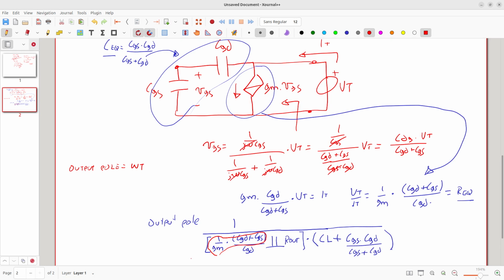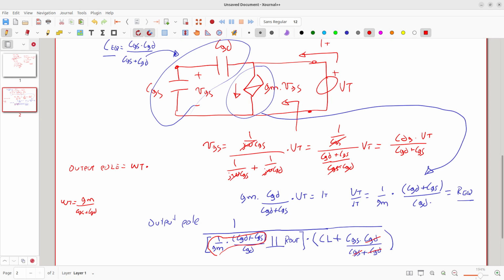We put omega t equal to gm divided by CGS plus CGD. So we have omega t there. We disregard R out, as it is much bigger and in parallel, so this disappears, times, and then for this factor, if CGD is very large in comparison to CGS, this disappears also, and we simplify these ones. This is very small, basically disappears.